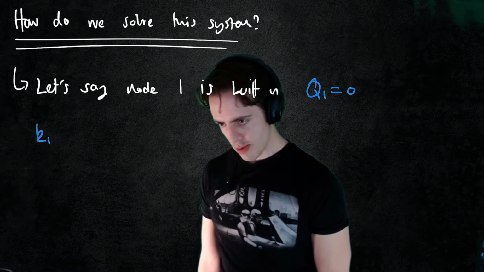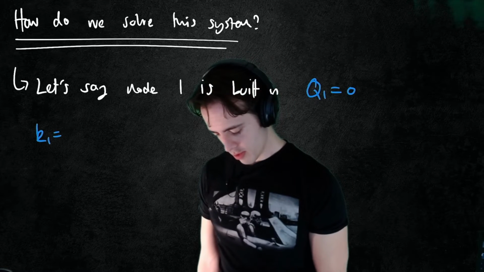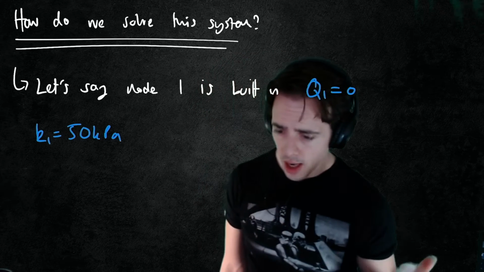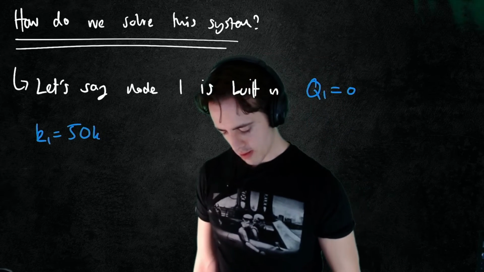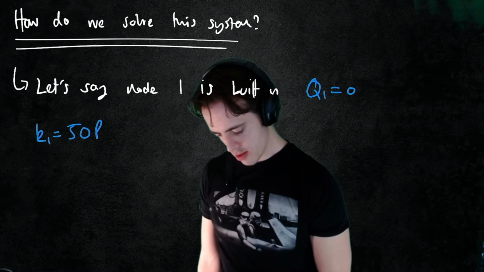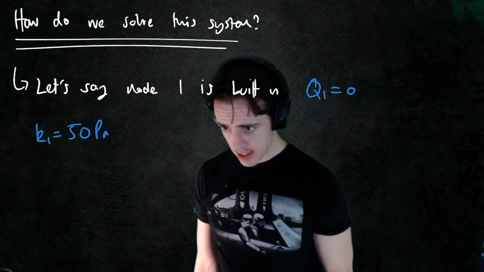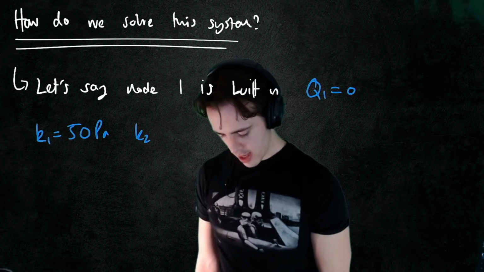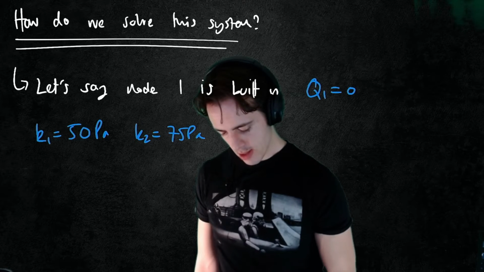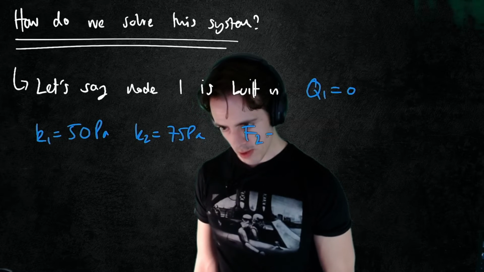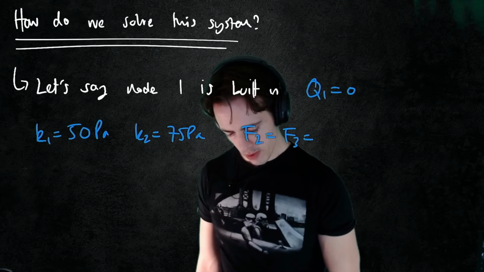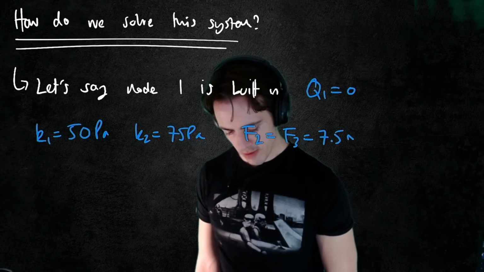Let's say K1, just reading this from the notes, which I feel is fair because I wrote them. No, let's call them pascals, not kilopascals. K1 is 50 pascals. K2 is 75 pascals. And let's say that F2 is equal to F3 is equal to 7.5 newtons.